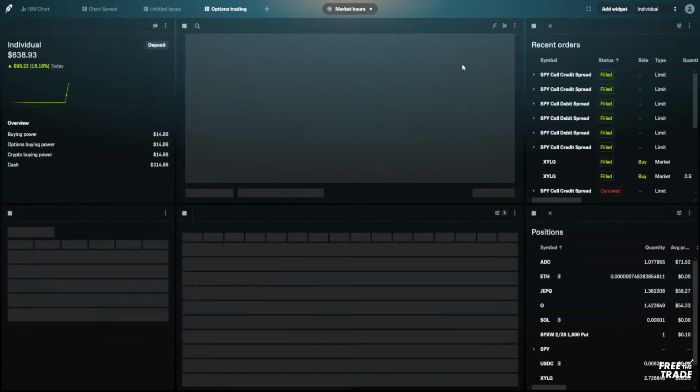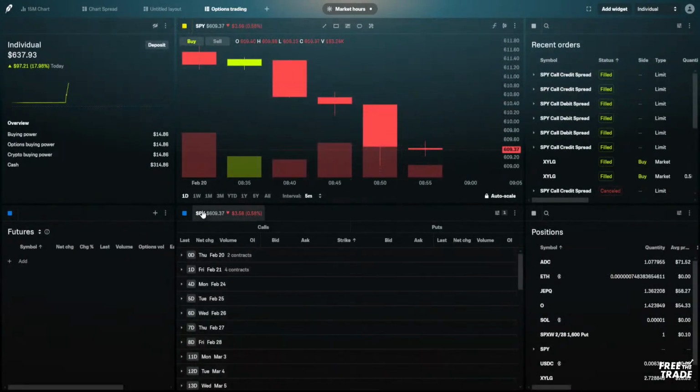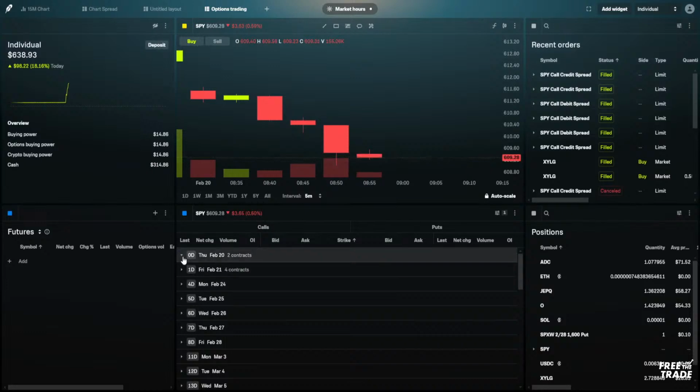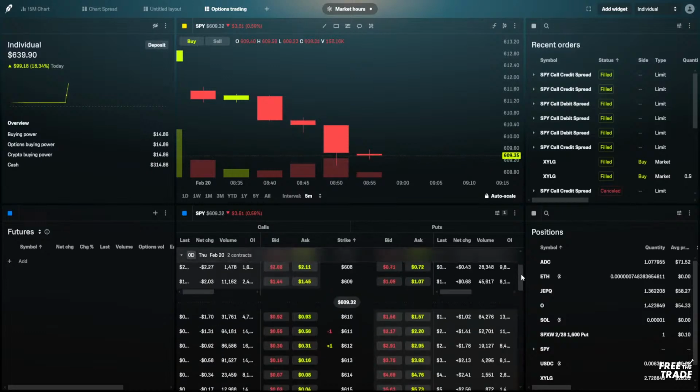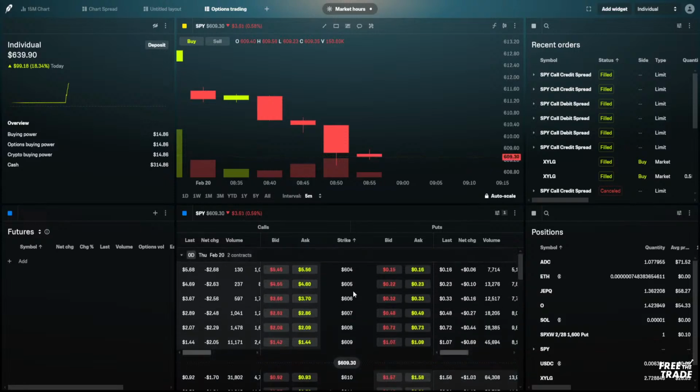Let's open the option trader. Let's change this over to SPY. All right, let's take a look at what we have here. 0 day. All right, so 605. Let's look at the delta on this.